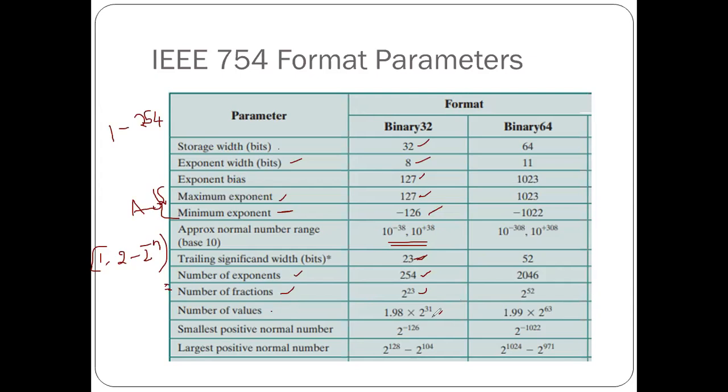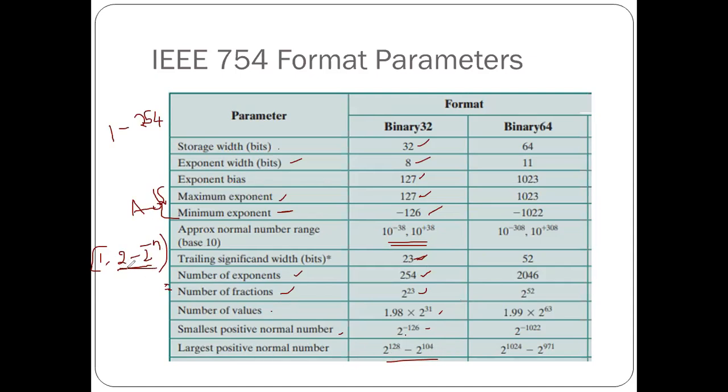The smallest positive number is 2 power minus 126. The largest positive number is 2 minus 2 power minus 23, multiplied by 2 power 127.